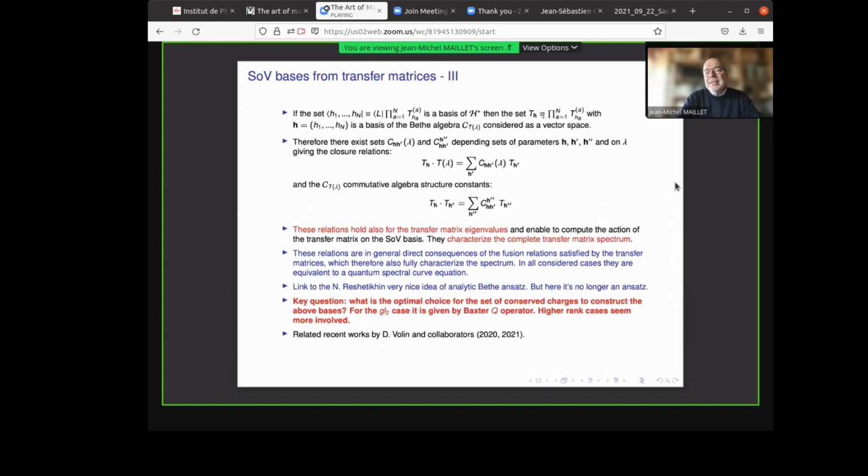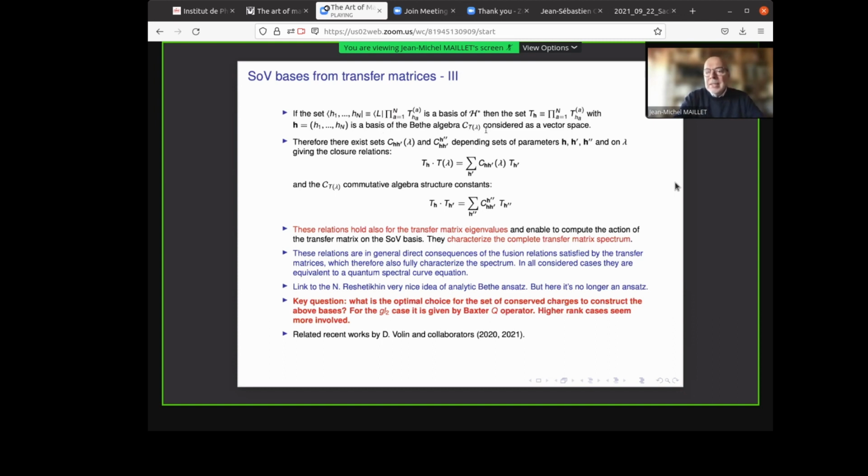But this has dimension, because T(λ) is simple spectrum, the dimension of the Hilbert space, which is also the number of operators in such a set. So it means that this set is also the basis of the Bethe algebra C_T(λ).